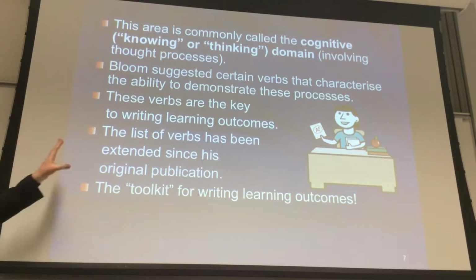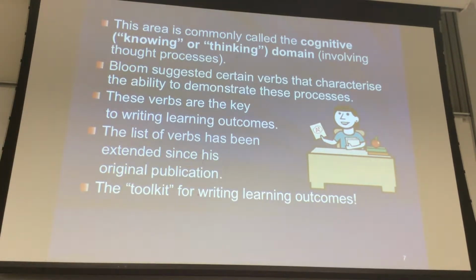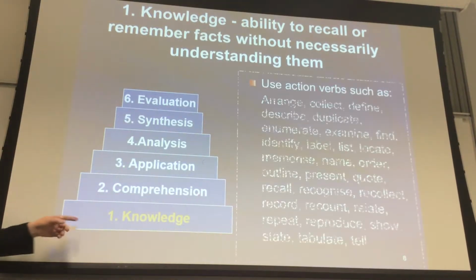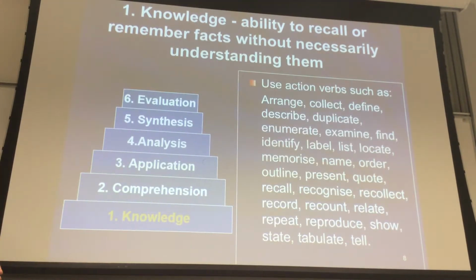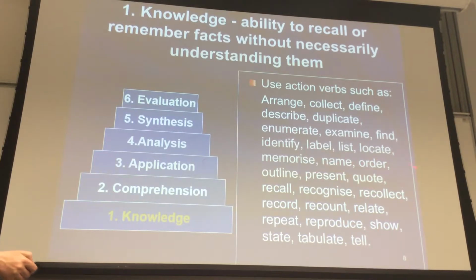And what Bloom said was that if we want to get our students to operate at one of these levels, we ask them to do certain things. So he said, for example, if we want to test the students' knowledge, we ask them to define or describe or name or outline or state a fact or whatever.